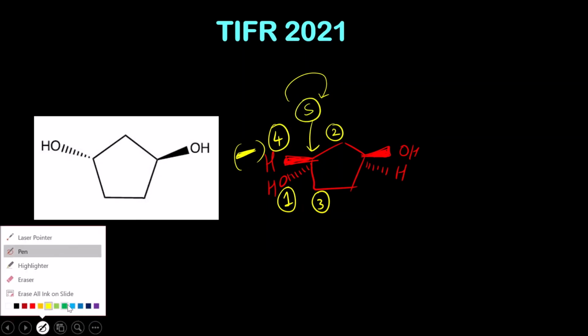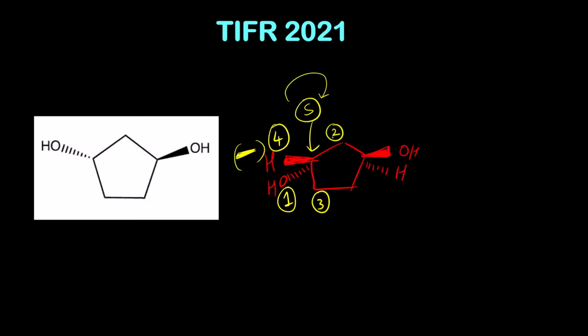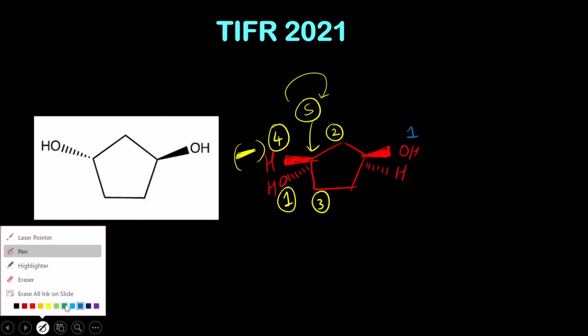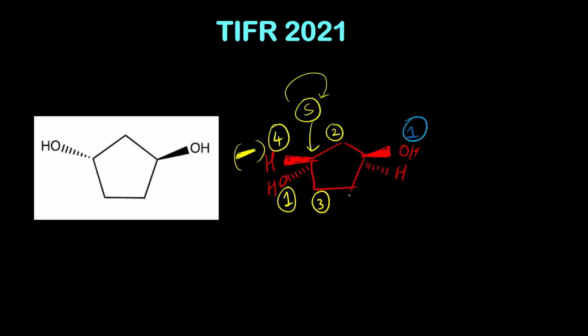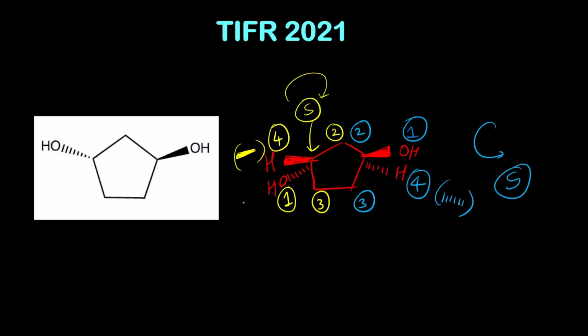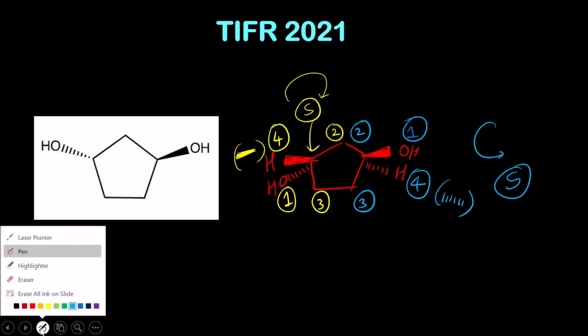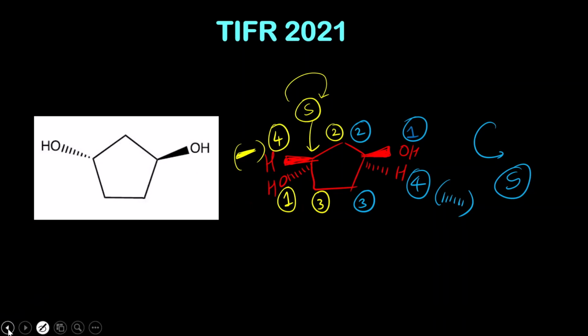Now let us find out for the other carbon. Oxygen will get the first priority, hydrogen will get the least priority, this will get second, and this will be third. So 1, 2, 3, you can see it is anti-clockwise, and the fourth priority group is on the dash bond. So this will be nothing but S configuration. So now let us find out the correct answer.